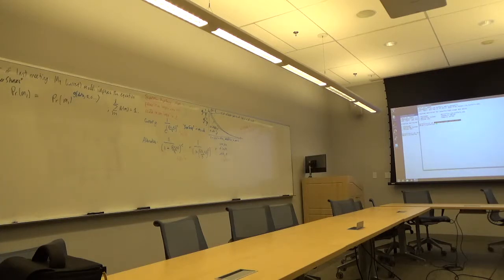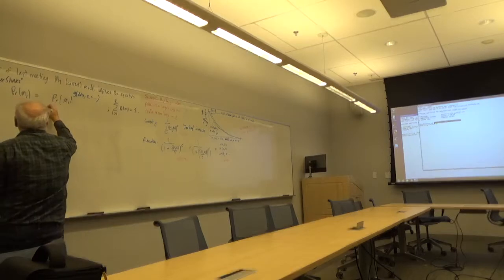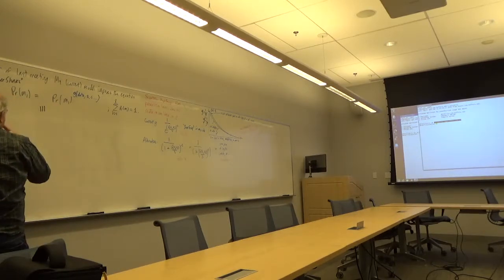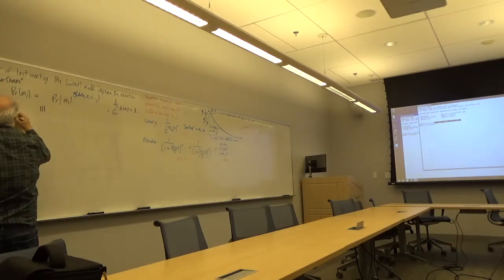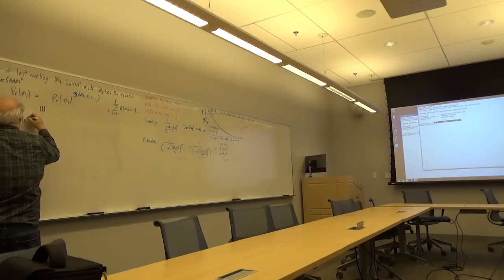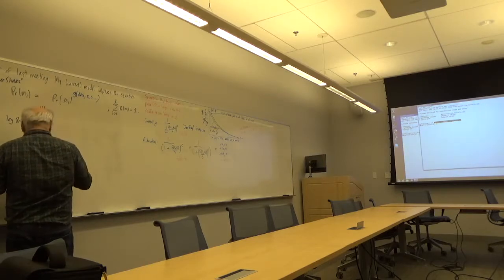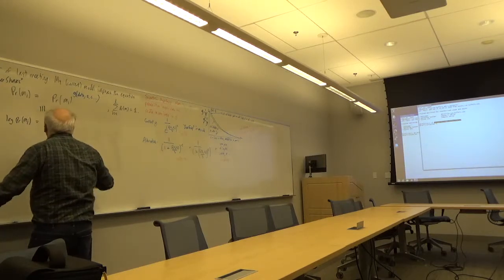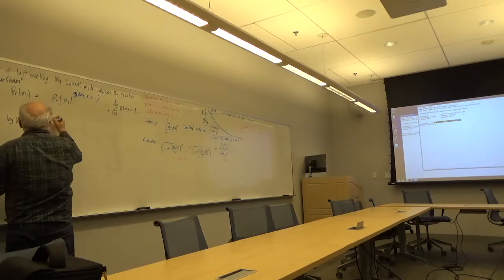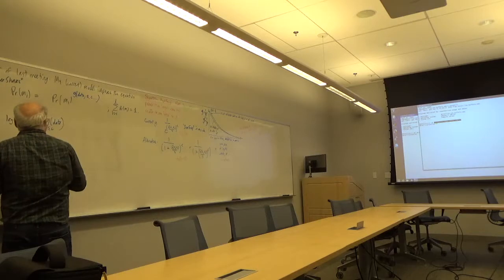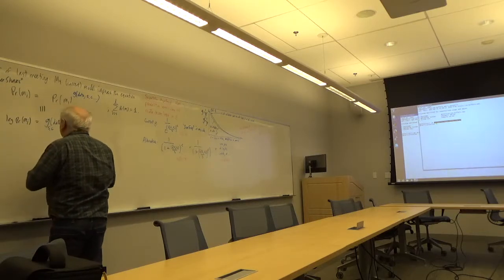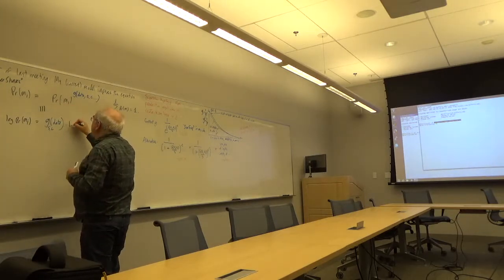Okay. So now let me also, by the way, the equivalent form of this is to say that the log of the probability of Mi is equal to g of the data, and I'll put the parameters down there, times the log of the probability of M1.